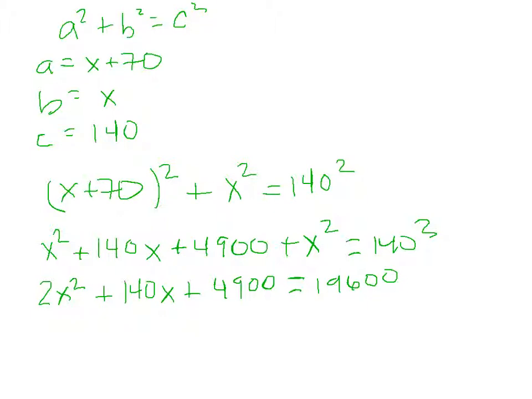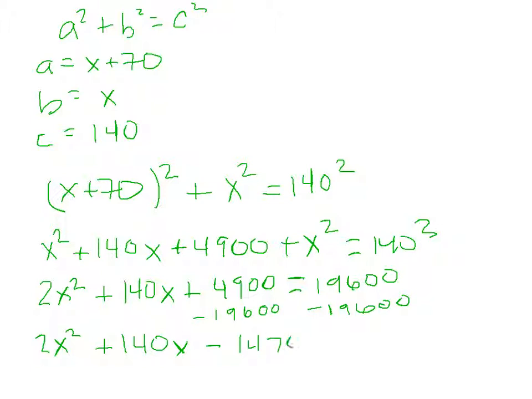Now, in order to get this equation into quadratic form, I need to subtract 19,600 from both sides. And I'm left with 2x squared plus 140x minus 14,700 equals 0.